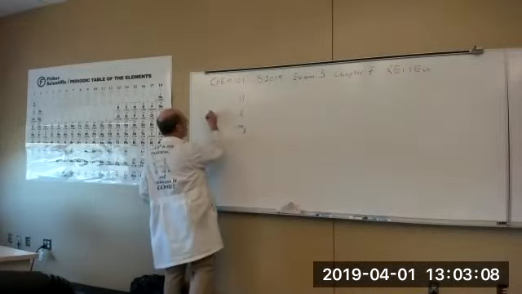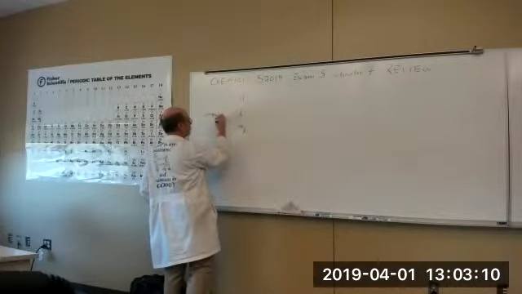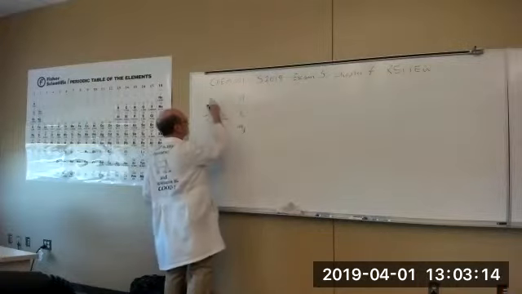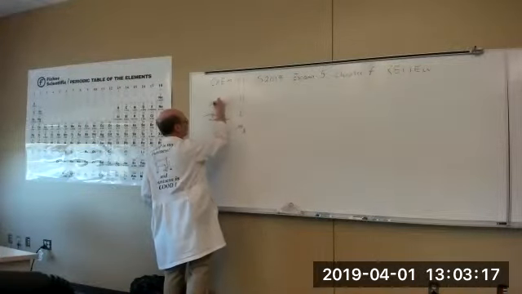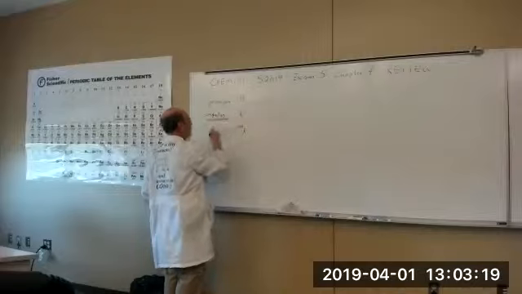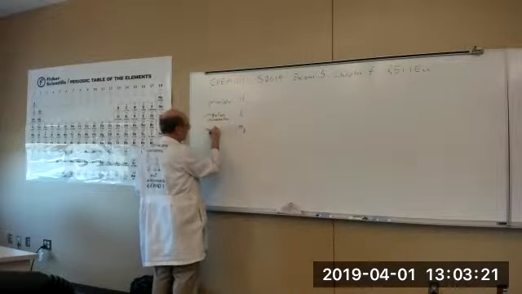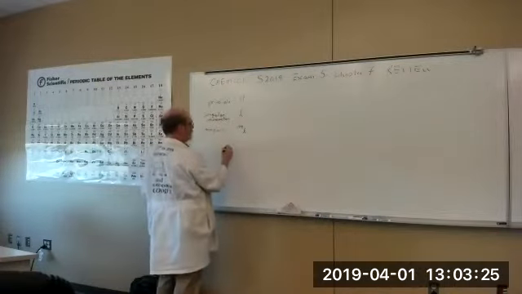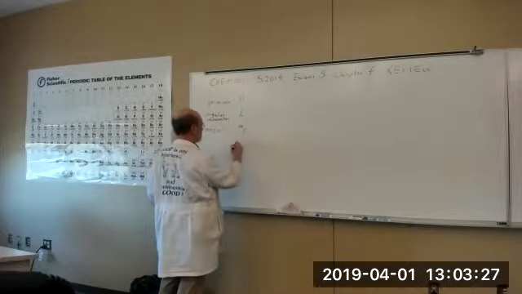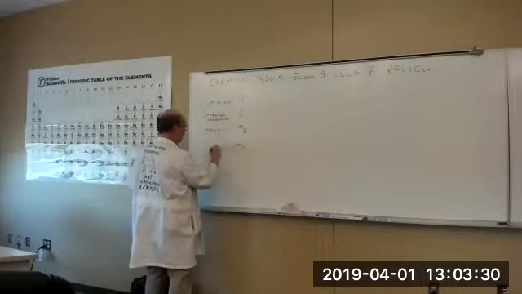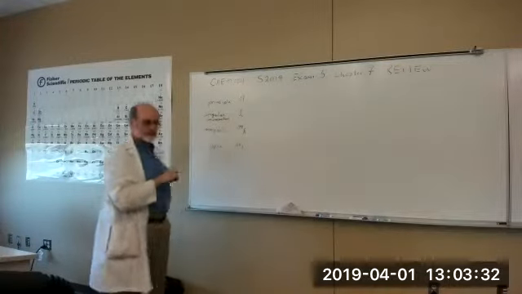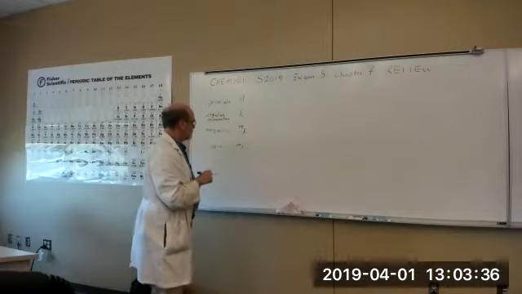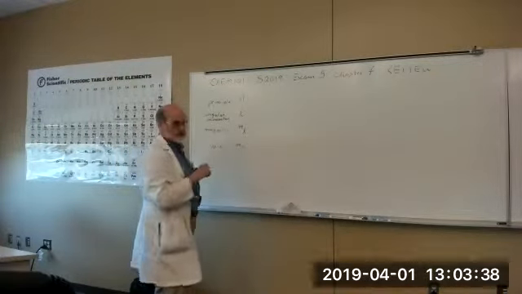This is the angular momentum quantum number. This is the principal quantum number. This is the magnetic. And then you have spin. Those 4 numbers completely describe the electronic structure of an atom.